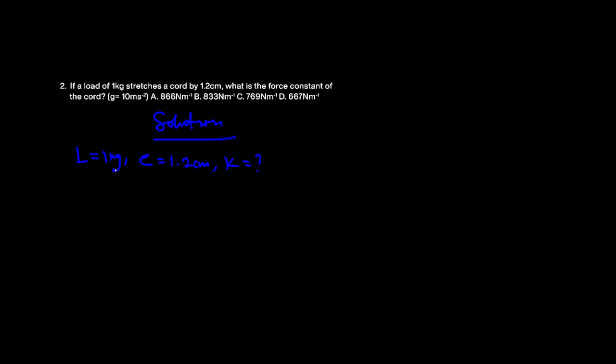Now, the question you should ask yourself is, what is the relationship between K and all these quantities given? So we have G also to be 10 meter per second square. Now, for us to get the relationship between K that we are looking for and the load, the extension and gravity, we need to recall from Hooke's law that F is equal to KE.